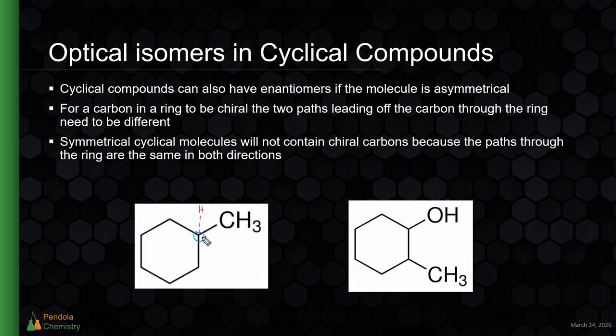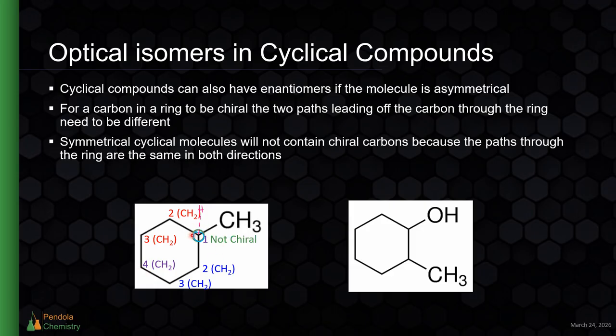So from the chiral center, if we count out, we are going to look for a difference in the path. The next carbon out from the chiral center, carbon 2 from the chiral center, is a CH2. Carbon 3 from the chiral center is a CH2. Carbon 4 from the chiral center is a CH2. So because the second, third, and fourth carbon where they meet are identical, that means both of these paths are identical.